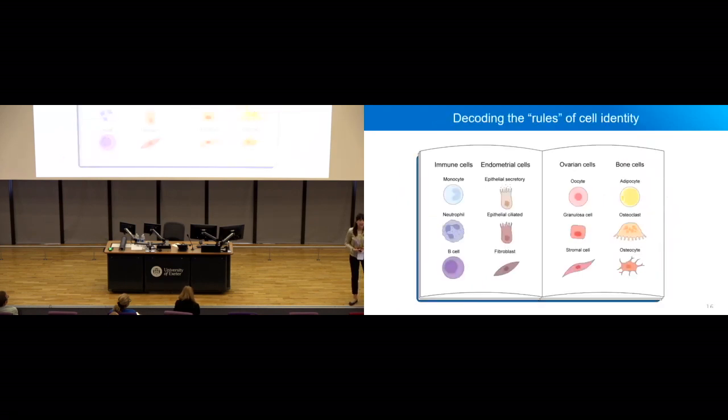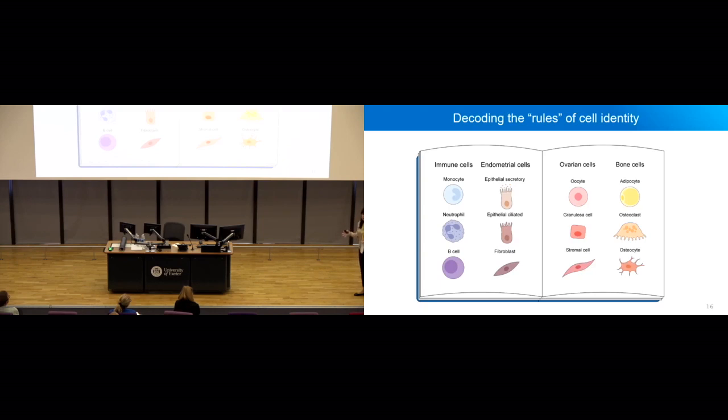Good, so the way I see all of this is that with all these atlases that we are generating, we are decoding the rules for cellular identity. We are identifying the distinct cell types and cell subsets, the markers they express, but also gaining insights into the molecular pathways that we need to produce them.